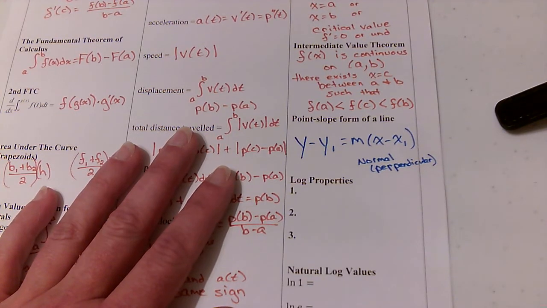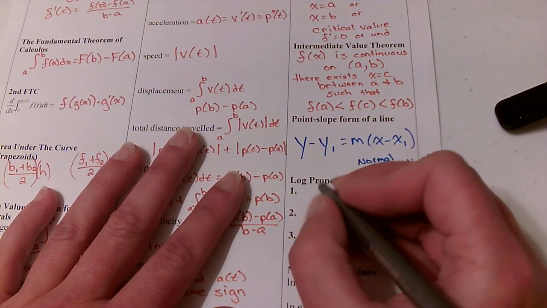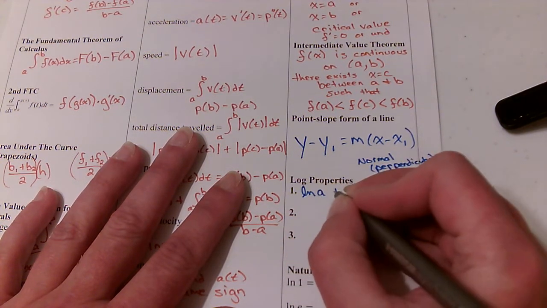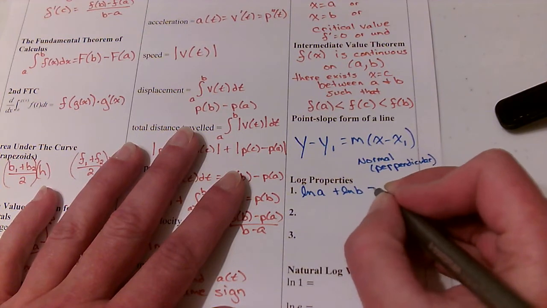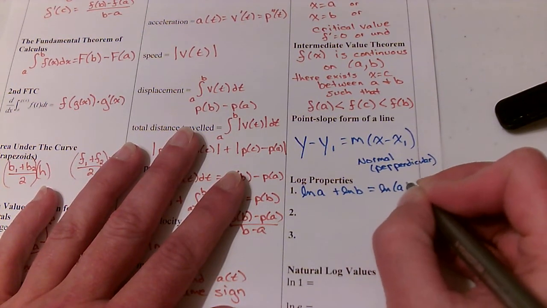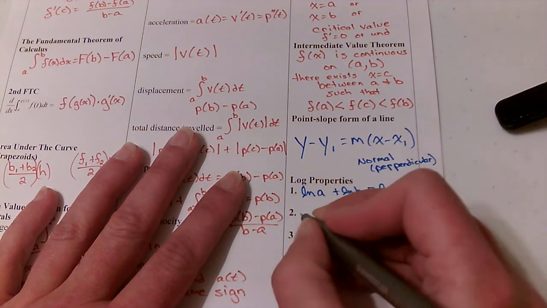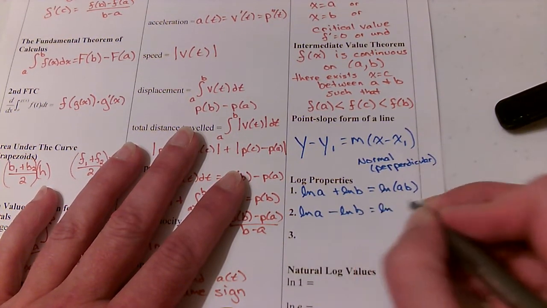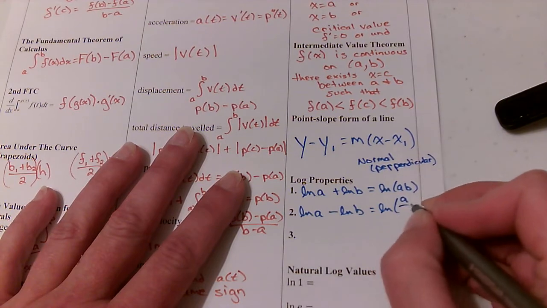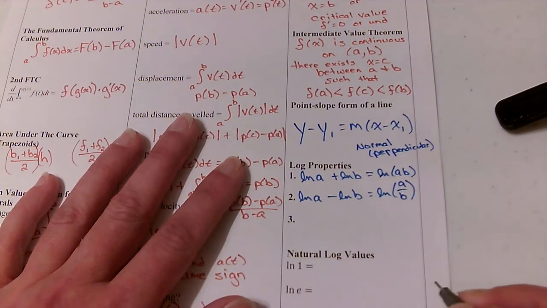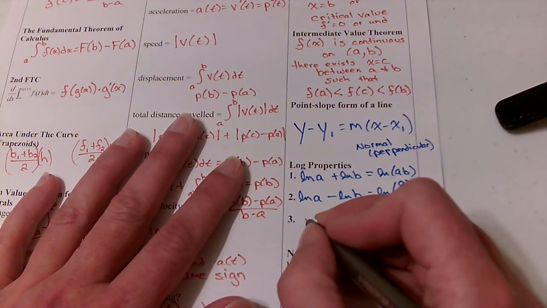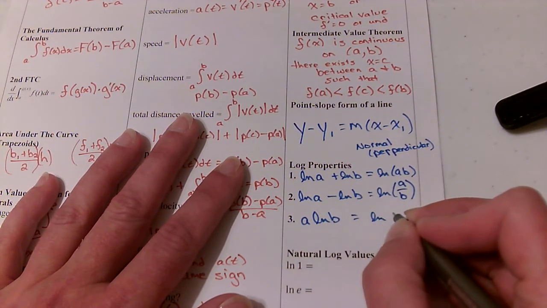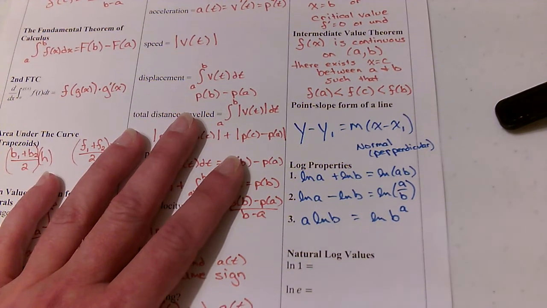Log properties. All right, and I'll use natural log since that's used mostly here. If I have the natural log of A plus the natural log of B, I can rewrite that as the natural log of A times B. Natural log of A minus natural log of B can be rewritten as natural log of A over B. If I have a number out front, that becomes an exponent.